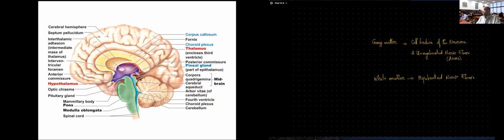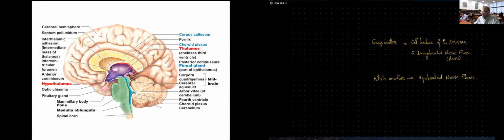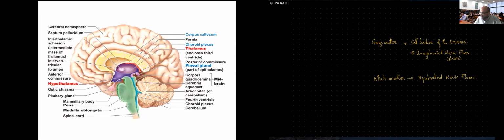So again, we're looking here at the cerebrum, and the cerebrum is formed of two cerebral hemispheres, right cerebral hemisphere, left cerebral hemisphere. Each cerebral hemisphere is going to be formed by an outer gray matter. All this is the gray matter of the cerebrum. We call this the cerebral cortex.